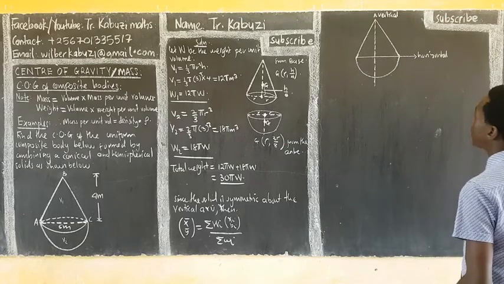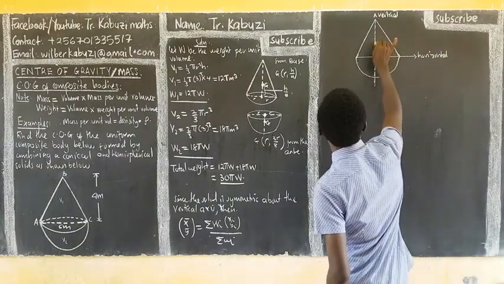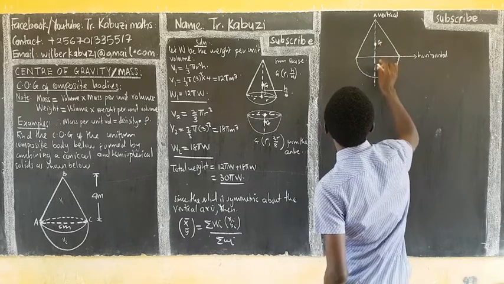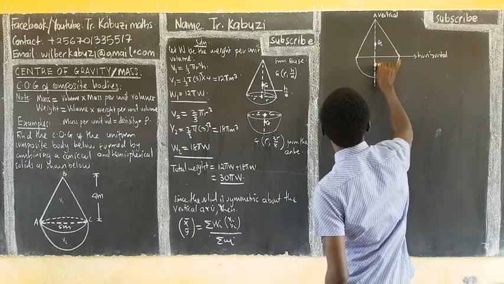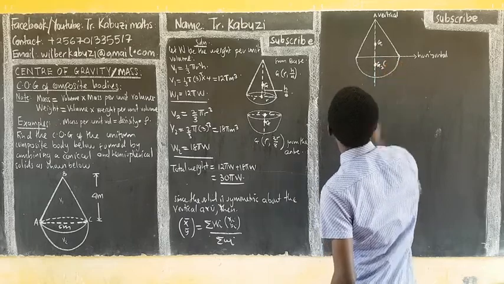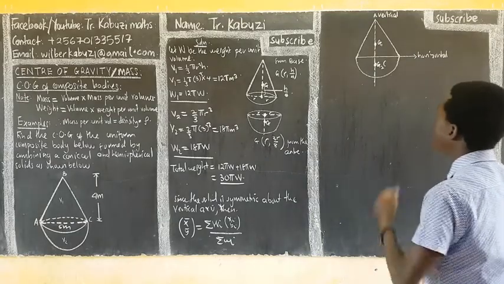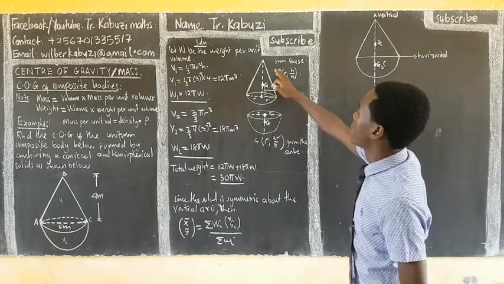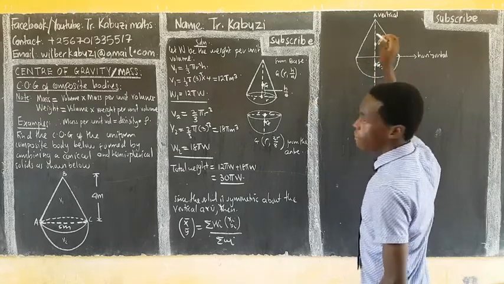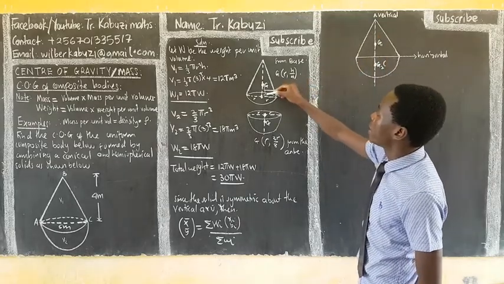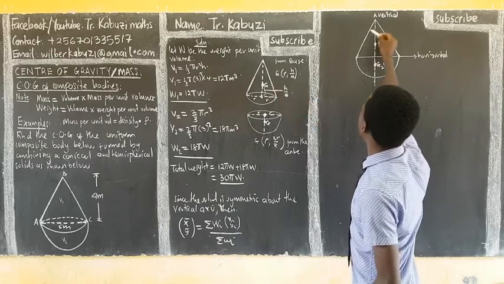Now, our task is to get the coordinates of the center of gravity of this, which we are going to call V1. Then you get also the coordinates for the center of gravity of this, which we are going to call V2, because we already have the weights for each. Now, for the cone, you see this one is above the horizontal, so we are going to get our center of gravity from this vertical axis.